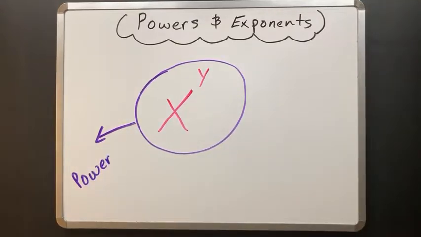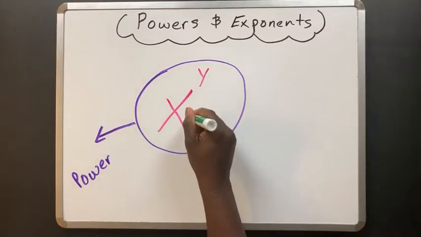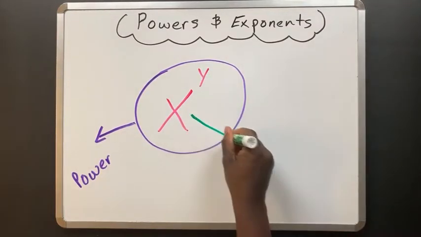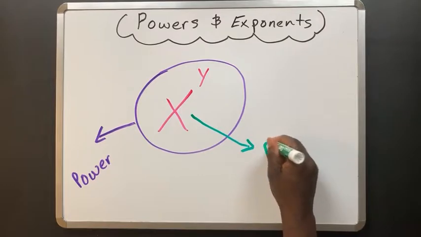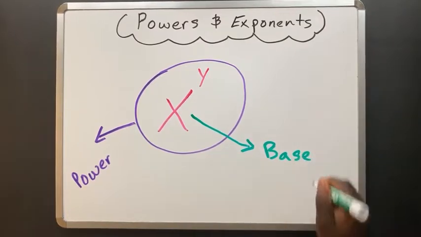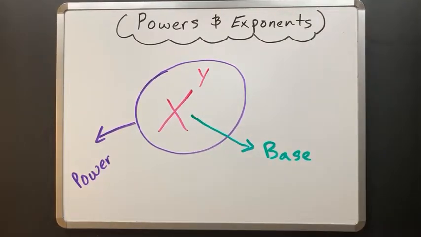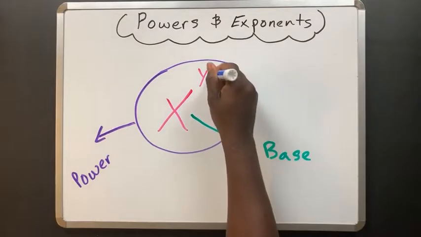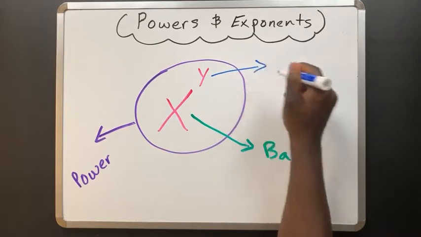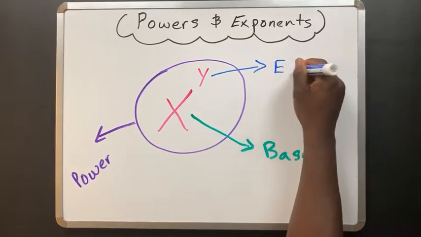That's your power. Now this variable right here, that's called your base. Okay? And this variable right here is called your exponent.